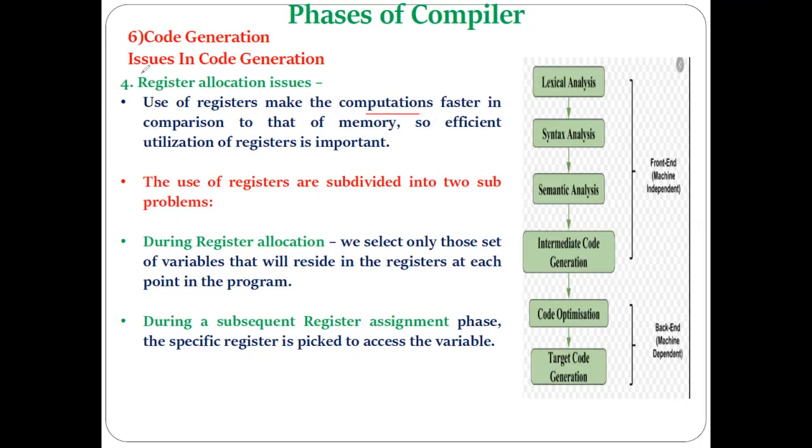Understood? So this is our fourth issue, register allocation, done with the help of register allocation and register assignment. How maximum utilization of registers can be done is sorted out in this fourth issue.